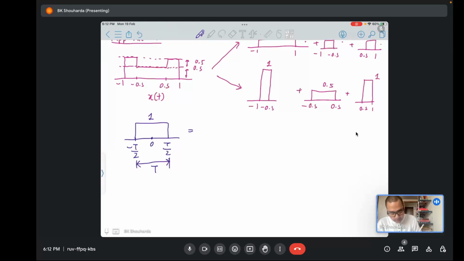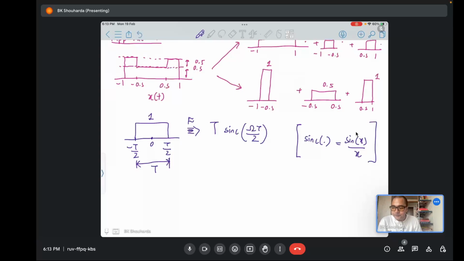So in such a scenario, its Fourier transform will be T sinc(omega T upon 2). Alright, so in this case I am taking the definition of sinc as sine x upon x. Alright, fine.